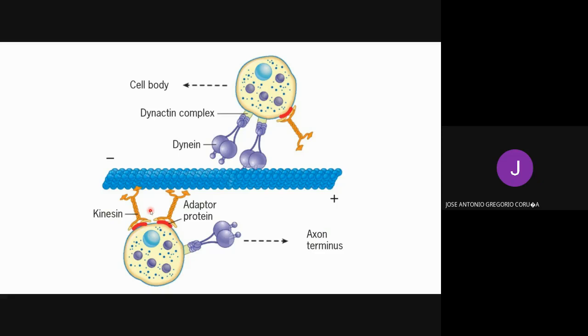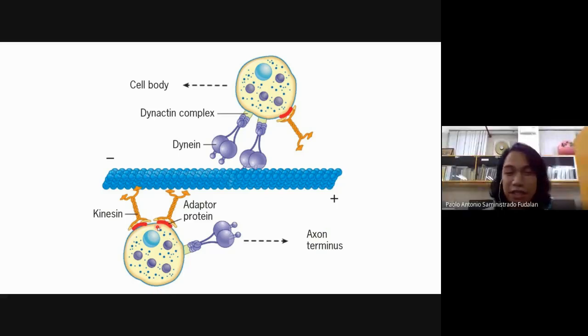It also has the neck portion, then the main stalk, and the tail, which attaches to an adaptor protein, which helps it attach to the vesicle, sir. And there's a lighter chain found in the tail, and the heavy chain is found more on the stalk of the kinesin, sir.